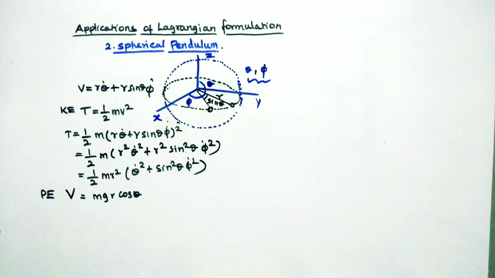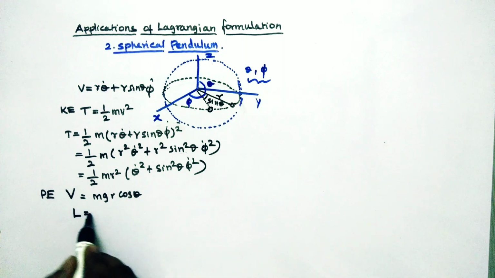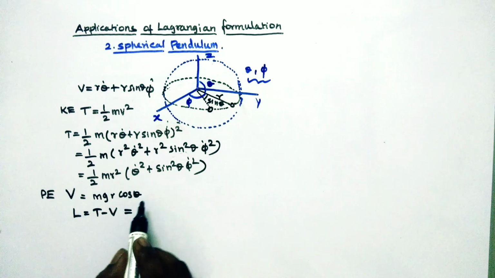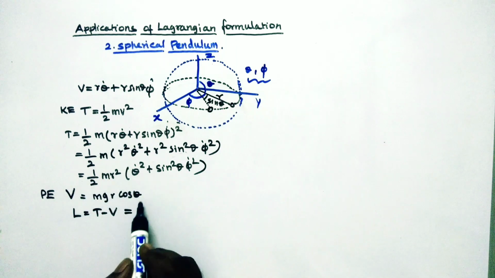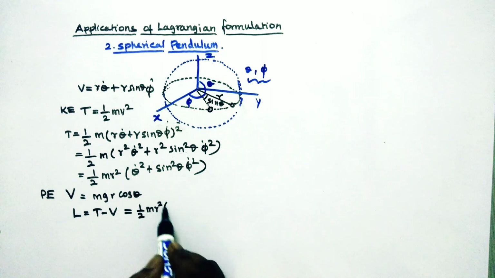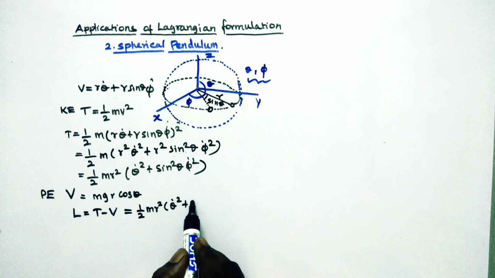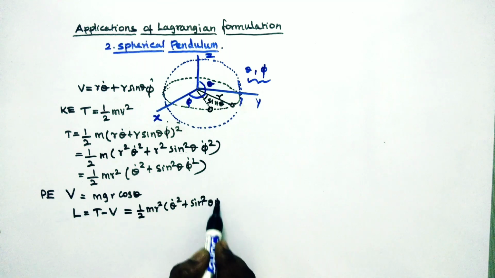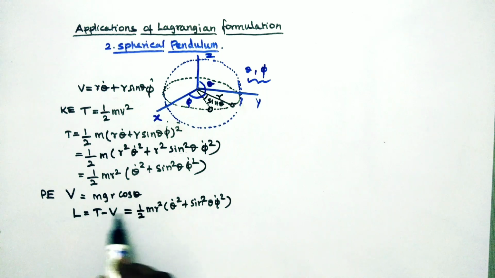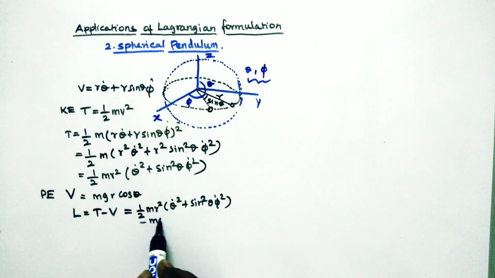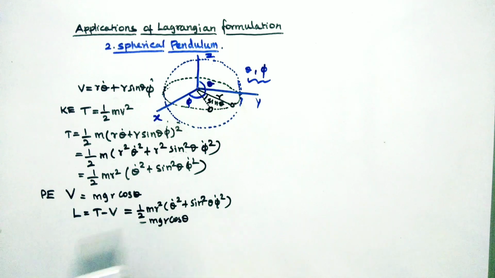Now we know that the Lagrangian L is equal to T minus V. Then we can substitute the values of T and V. The T value is half m r square times theta dot square plus sin square theta phi dot square, and then minus m g r cos theta.